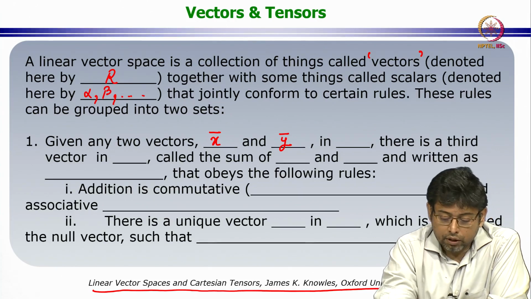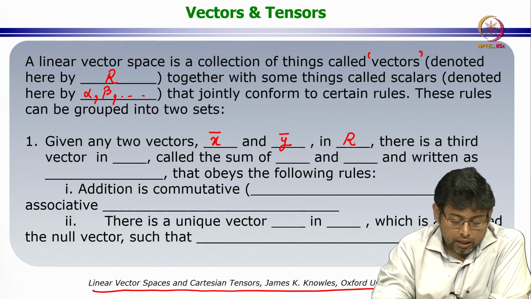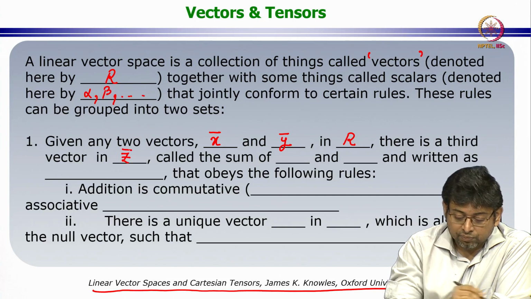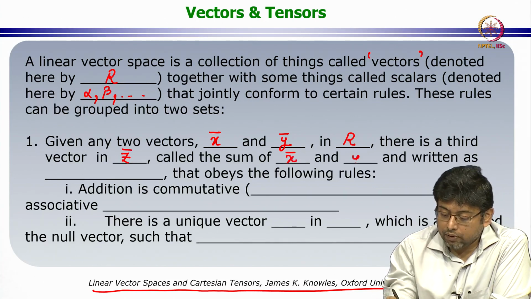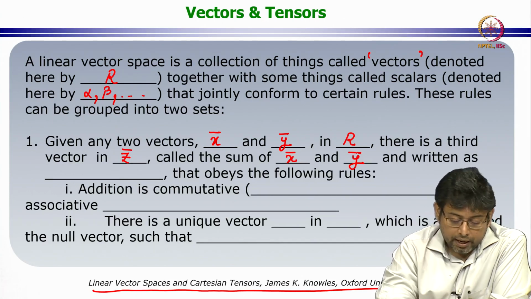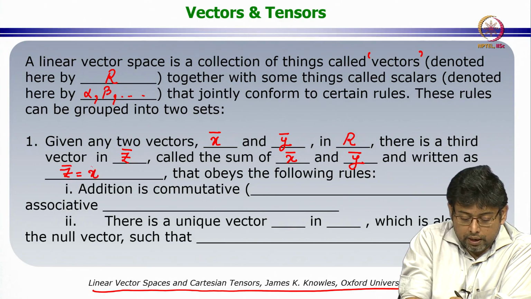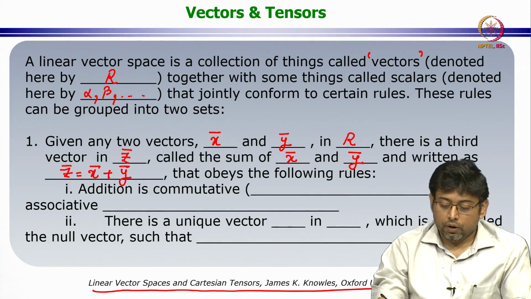So let us say there are any two vectors x and y in my vector space R. There is a third vector, let us say we will call it z, the sum of the two vectors, which is obviously x and y here, and written as z is equal to x plus y, that obeys the following rules.